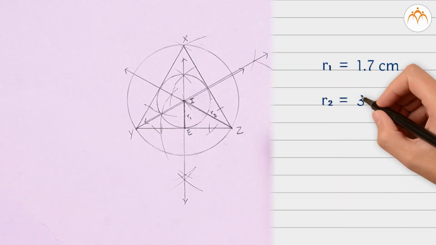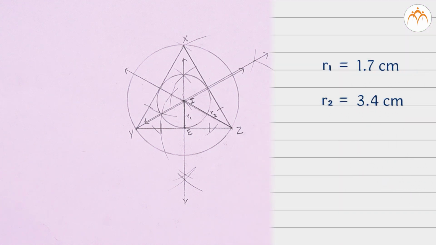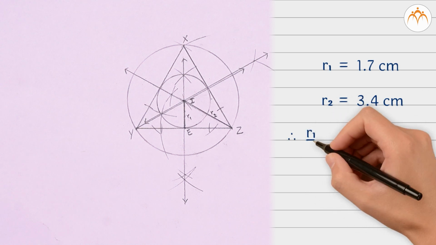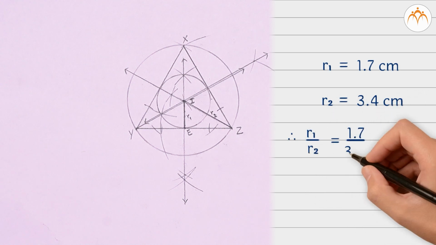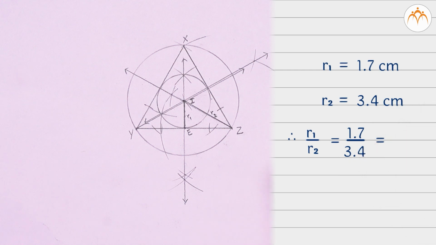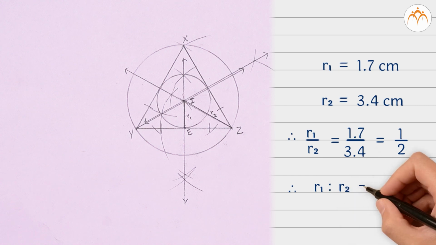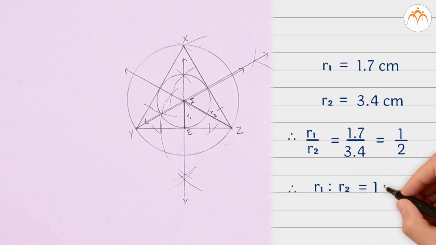From the figure that we have drawn, we get R1 is equal to 1.7 centimeters, R2 is equal to 3.4 centimeters. Therefore, R1 upon R2 is equal to 1.7 upon 3.4 is equal to 1 upon 2. Therefore, R1 is to R2, the ratio comes as 1 is to 2.